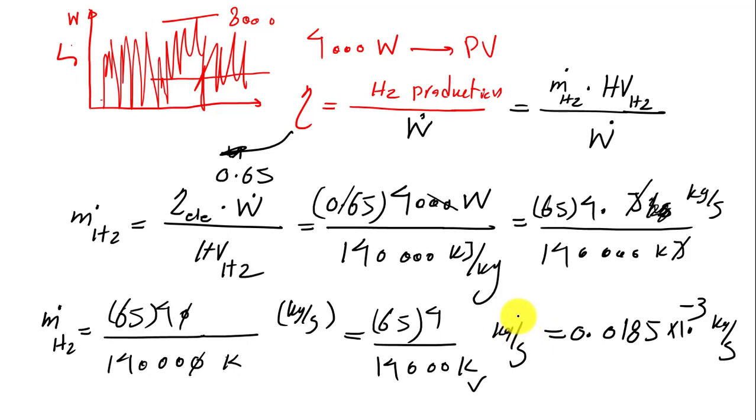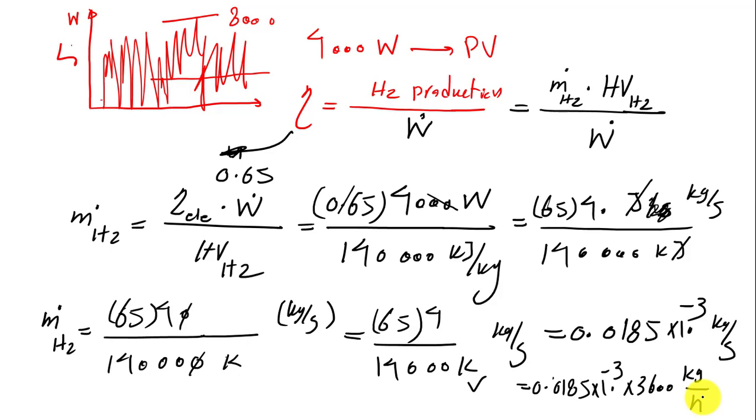So if I want to change that, the 1 second is 1 over 3600. So this is going to be 0.0185 times 10 to the power of negative 3 times 3600 kilogram per hour. So this number would be, I will show you in a moment.